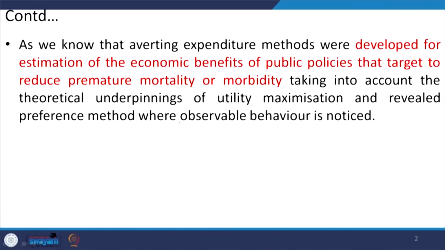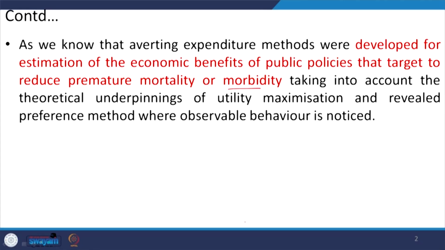The very objective of the topic is to estimate the economic benefits of many policies, let us say health policies that target to reduce premature mortality, or the number of times we are falling sick. So, that is morbidity.